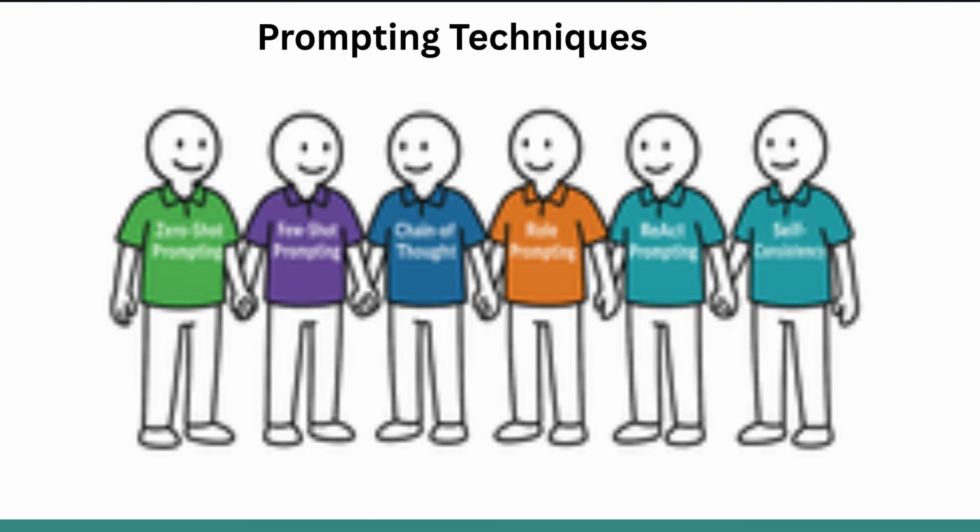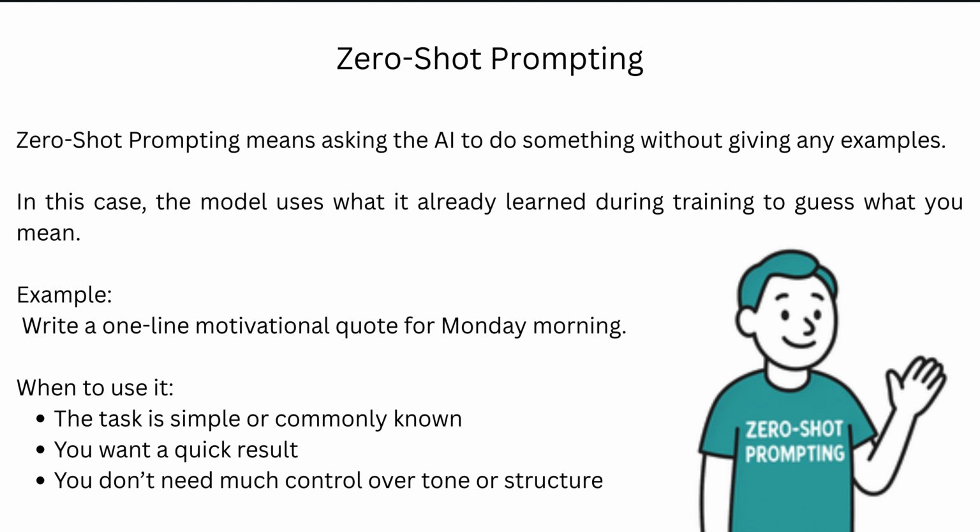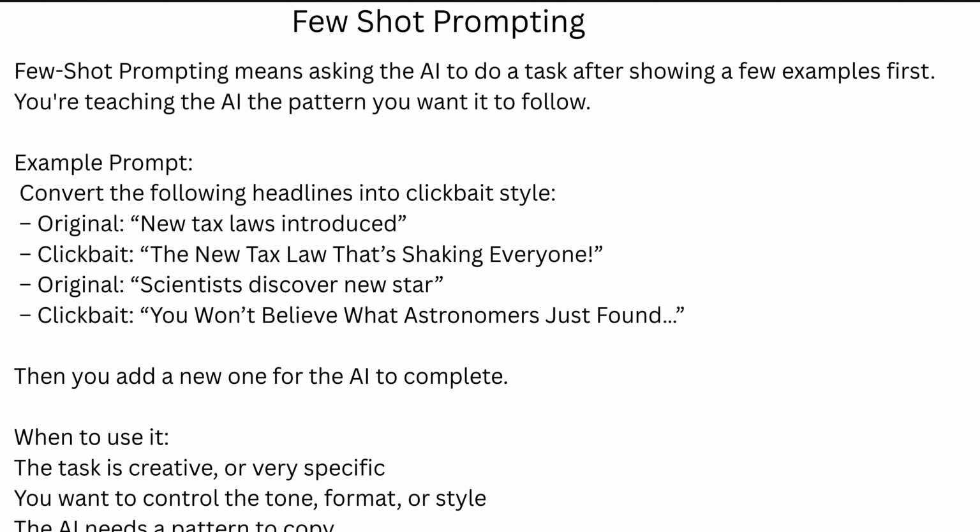Few shot prompting. When we say shot, we mean how many examples you give the AI. If I say zero shot, it means we don't give the model any example. If I say one shot, it means one example.